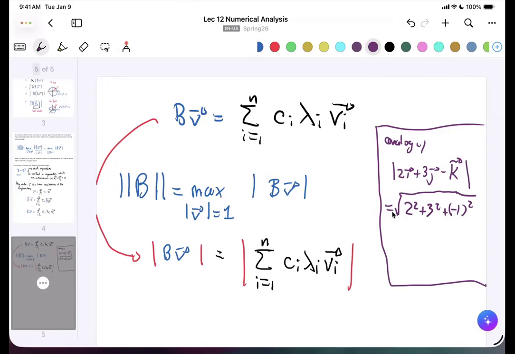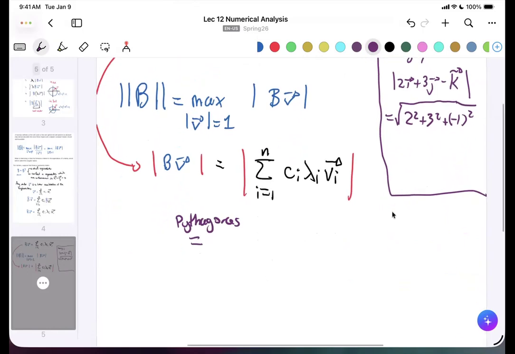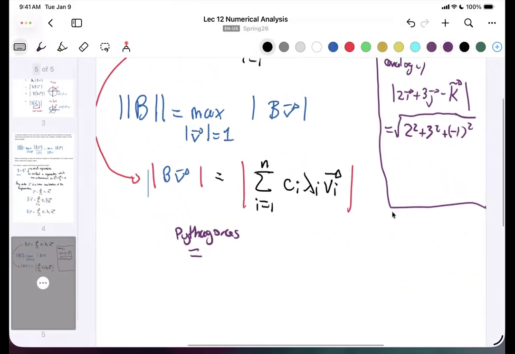So this is just the square root of the sum of the squares of each entry. It's a version of Pythagoras, and that works precisely because the vectors are all orthonormal.